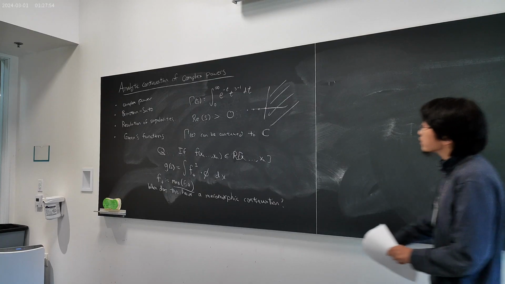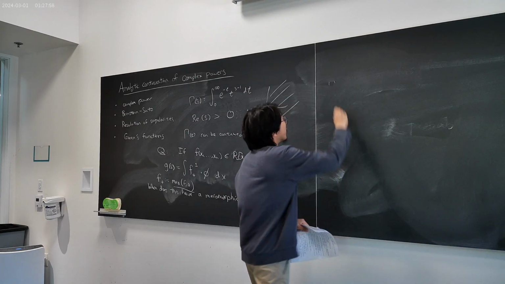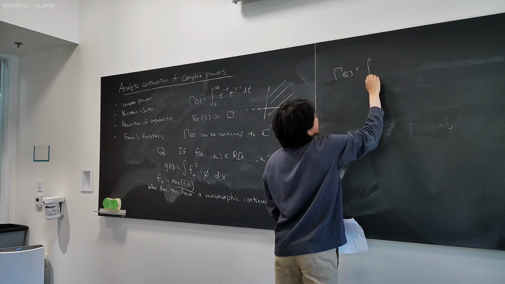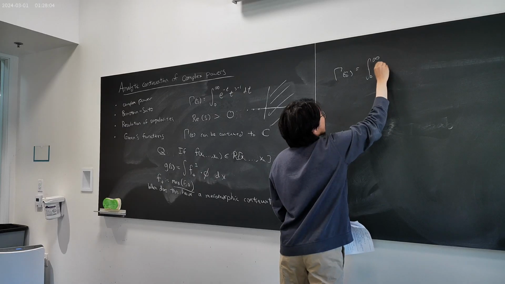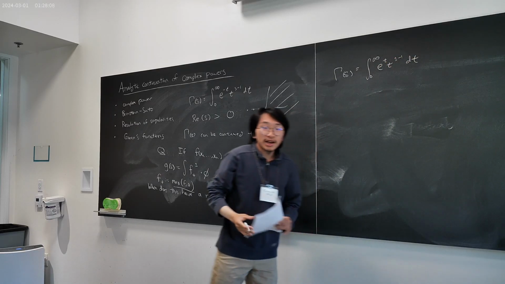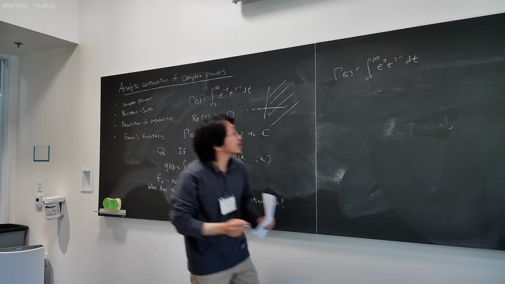Okay, let's examine how we can do this for the gamma function. So for gamma of s, let's write this integral again, from 0 to infinity of e to the minus t, t to the s minus 1 dt. The trick is that you can apply integration by parts to this integral.